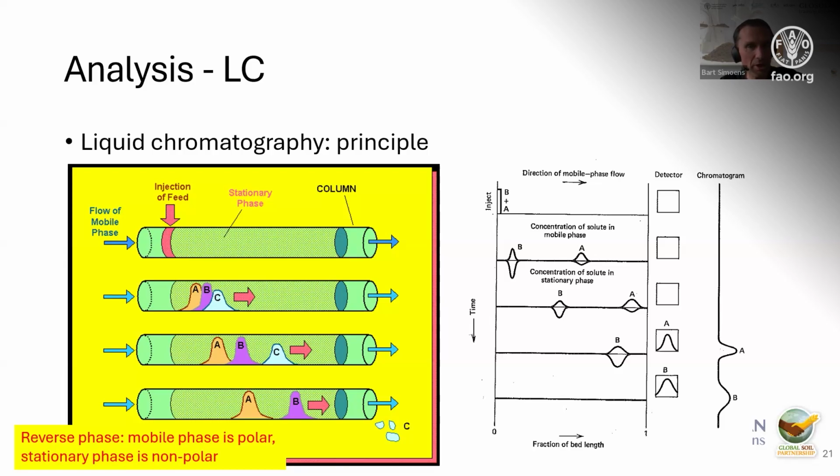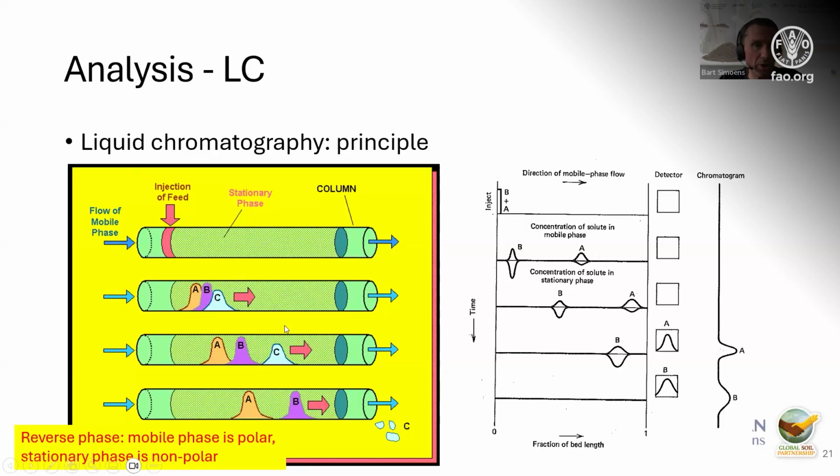And so we can separate the molecules in the mixture because they will spend more or less time locked onto the stationary phase, and thus not moving in the column, while others will spend more of their time in the mobile phase, and they will advance more quickly in the column.